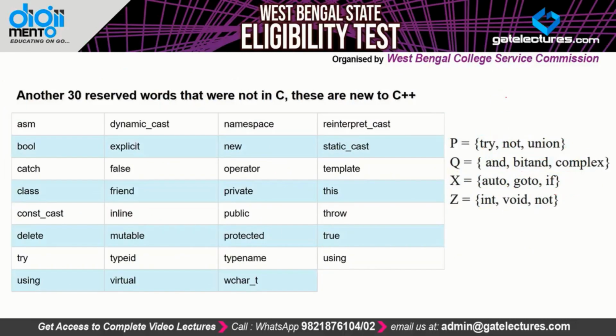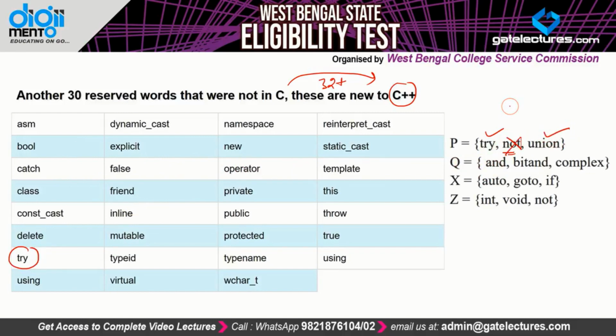Now let us look at C++. Obviously C++ contains all the C keywords, which are the 32 keywords, plus some extra keywords. You can see the try keyword is present in C++, and the not keyword, you can clearly see, is not present in C++, and union is present.